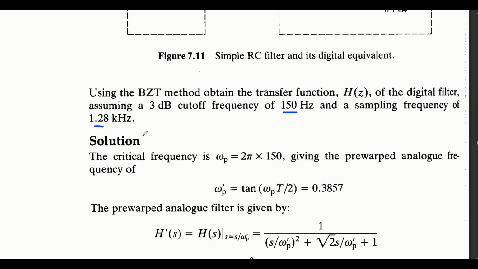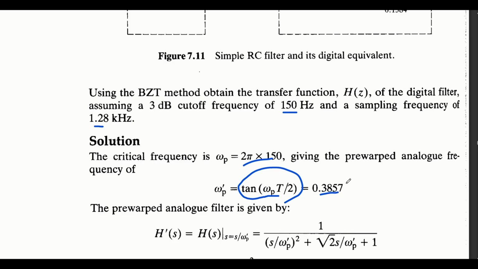So your critical frequency for the digital filter is 2 pi times 150. Now you can find the pre-warp frequency of the filter, which by now you should know is this formula, and entering it into your calculator, you should get 0.3875.